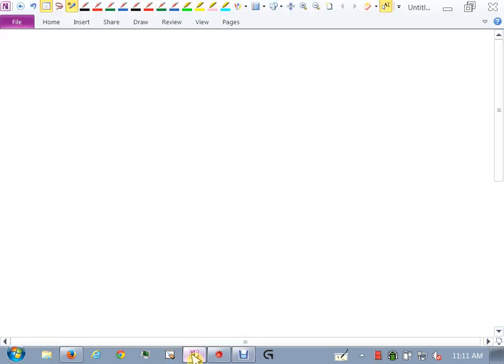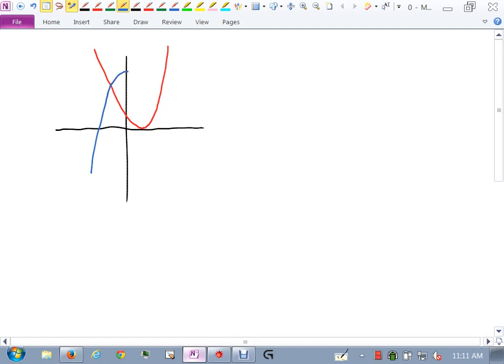All right, so the quiz, the picture that we had looks something like this. Okay, told you that this was y equals 5 minus x squared.